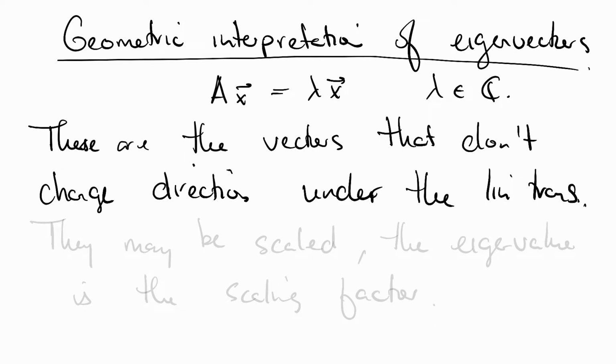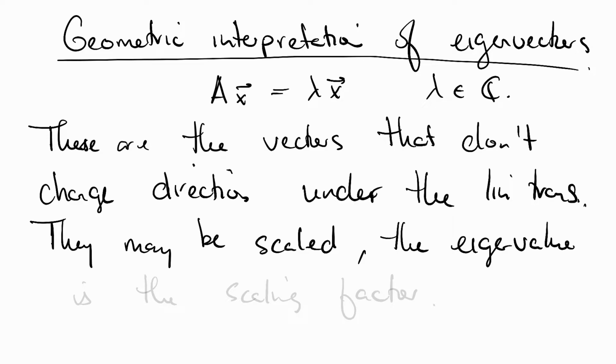Right? A times x is just a scaling of x. True, they don't change direction, but they may be scaled, and the eigenvalue is the scaling factor. All right, let's explore this.